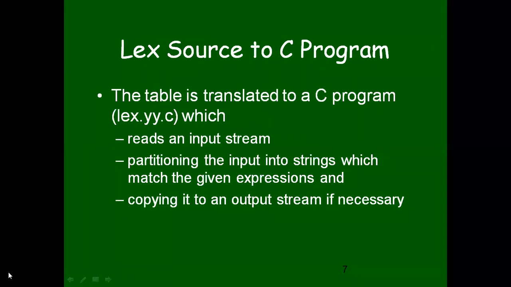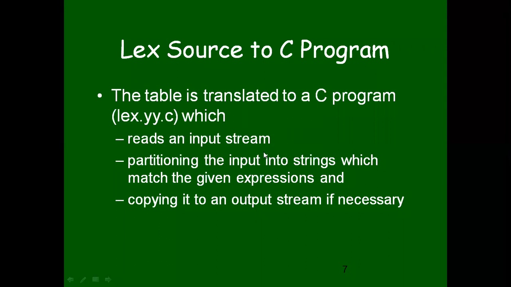And here, the Lex source to C program. How are we converting the Lex source to a C program? See here, the table is translated into a C program, lex.yy.c, which reads an input stream. And what does the lex.yy.c file do?